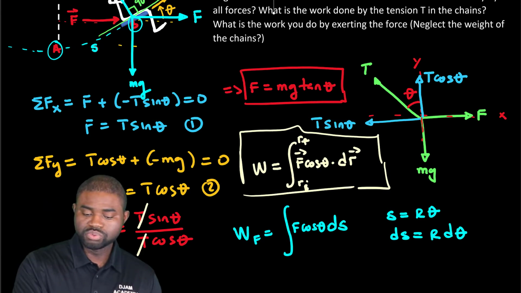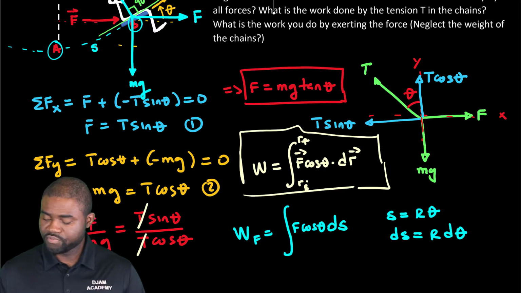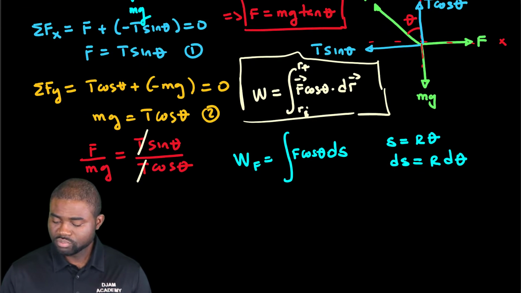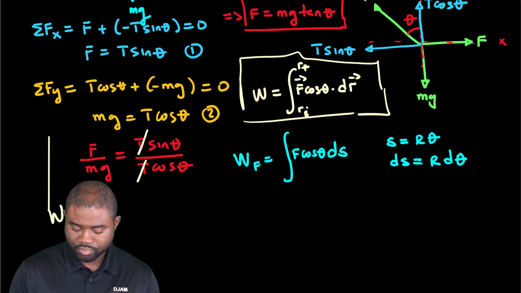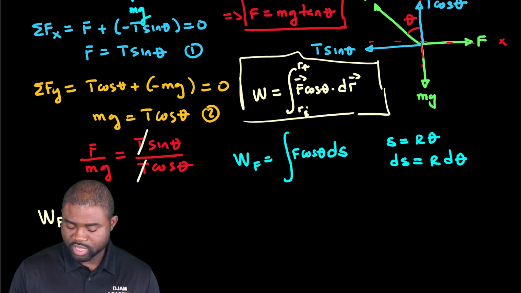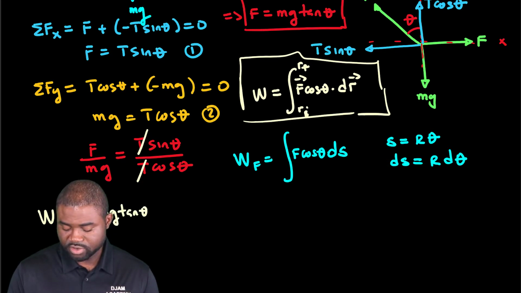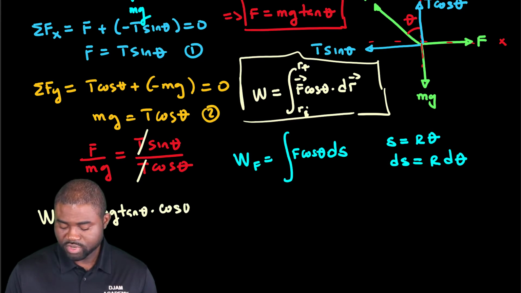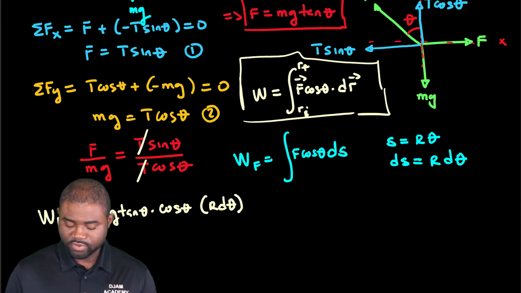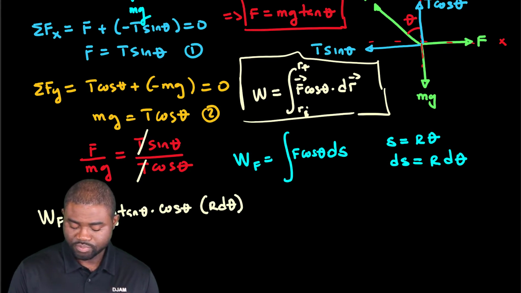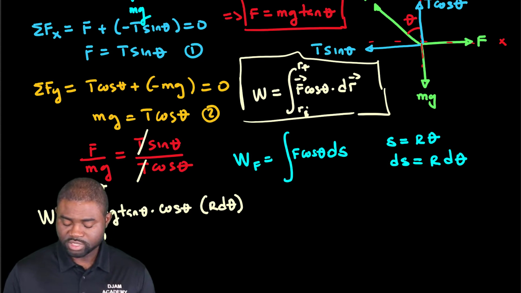And if that is true, then the work done by F will be equal to the integral of F. What is F? F is mg tangent of theta, multiplied by cosine theta, multiplied by r d theta, and we are integrating from 0 to theta. Remember that tangent is sine divided by cosine.